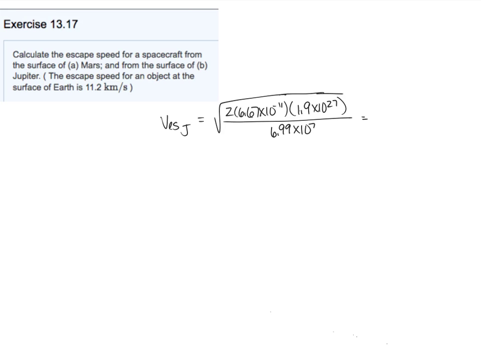And we end up getting an escape velocity of 60.2 kilometers per second. And so we can compare all those escape velocities. Jupiter, of course, is the largest because it has the most powerful gravitational field, while Mars is the smallest because it has the weakest gravitational field. And that's how we sometimes use the idea of escape velocity when we're talking about planetary motion.